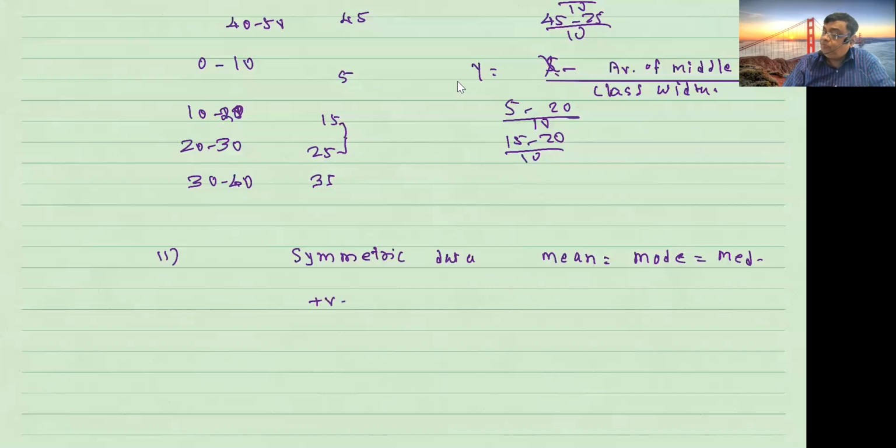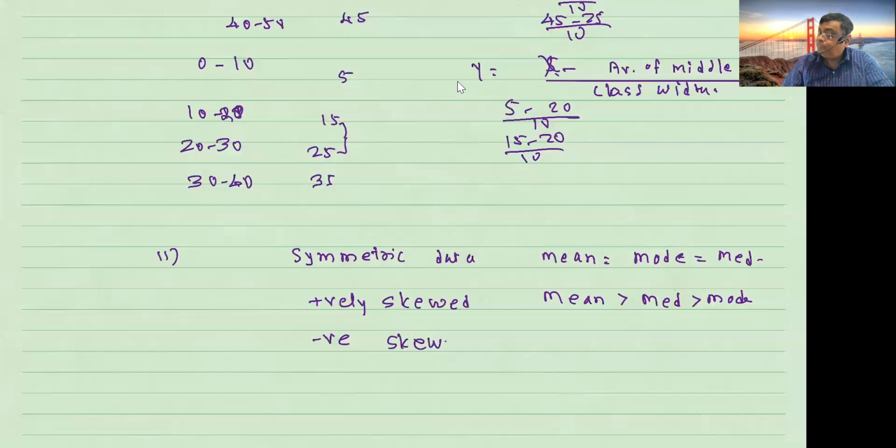For the positively skewed data, mean is greater than median is greater than mode. And for negatively skewed data, mode is greater than median is greater than mean. मोड सबसे बड़ा होता है.